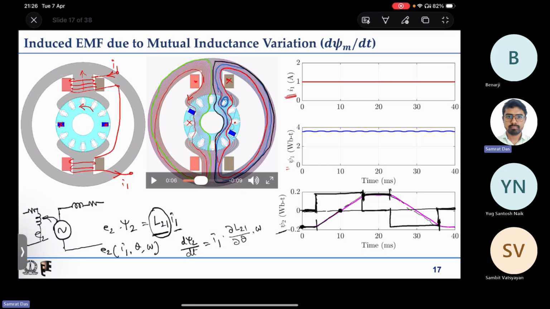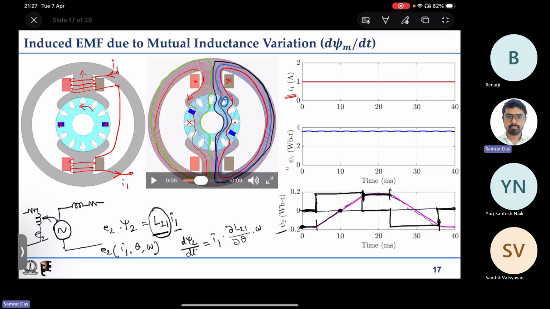So if you excite the field winding with some constant current, and suppose it is a generator, you rotate the rotor with some other motor or some engine at a constant speed, and if you have access to the coil terminals, which normally you don't have, because they come through the commutator and brush, then you would be able to see induced EMF of this shape. So this is induced EMF due to mutual inductance variation.